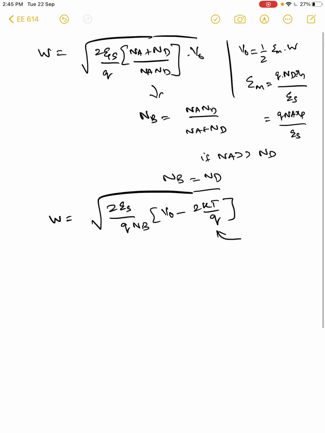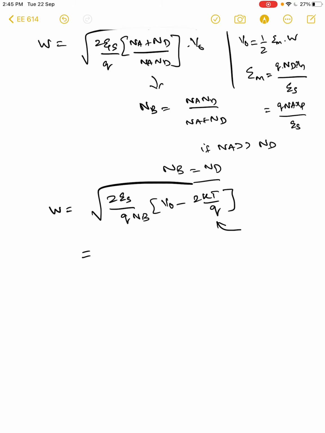With this given, you have what is called the Debye length. So this can be rewritten as W equals LD, the Debye length, times root of 2 beta V0 minus 2, where beta is Q by kT. This is typically used in thermodynamics, where beta is the temperature equivalent of the energy, and Q is used because we are using it in conjunction with the potential.